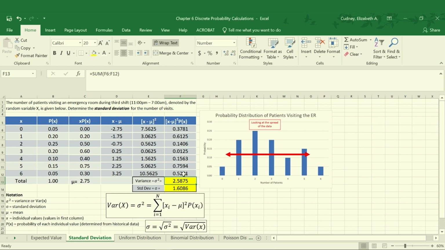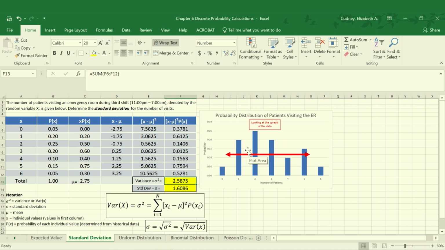Our variance would be in terms of units of patients squared. Standard deviation, however, since we're taking the square root, is taking it back to our original units. So we would expect, on average, 2.75 patients based on our expected value, and then our standard deviation is 1.6086 patients. So it's telling us how much spread we have within our data.